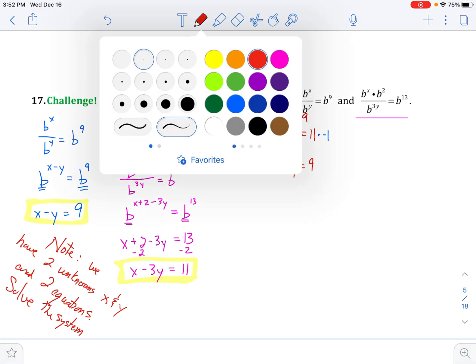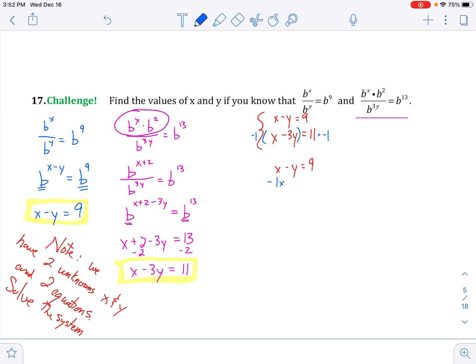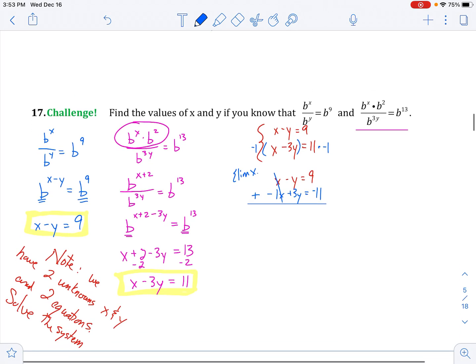The reason I do that is because then I'm going to get -1x plus 3y equals -11. I'm going to add these two equations together. Here the x's cancel, which they should, because I said my goal is to eliminate the x's. -y plus 3y is 2y equals -2. Divide by 2. y is equal to -1.